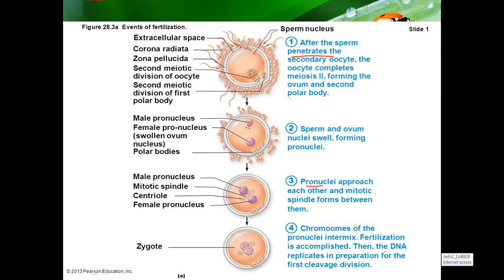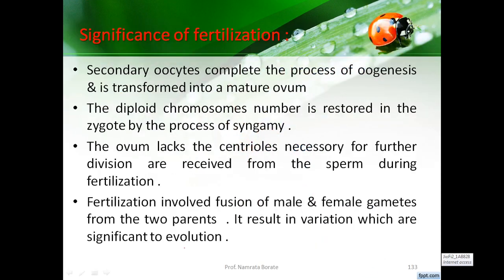That is, there is a formation of the zygote. After the formation of the zygote, the proximal centriole starts the first cleavage, and there is a formation of the two-cell structure that is called the two-cell stage blastomere. So what is the significance of these?